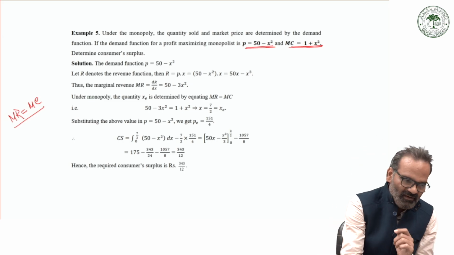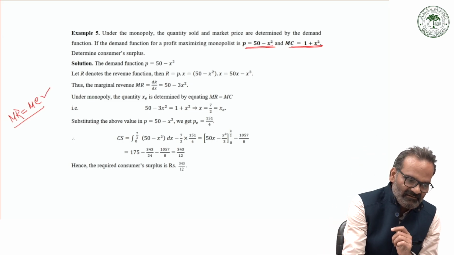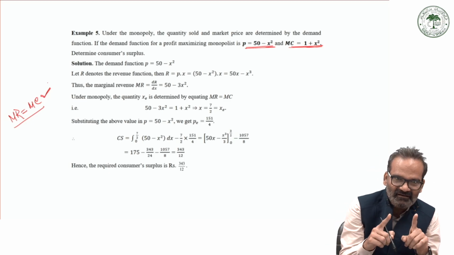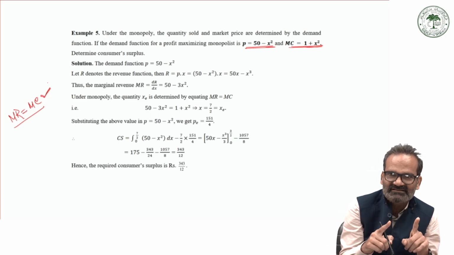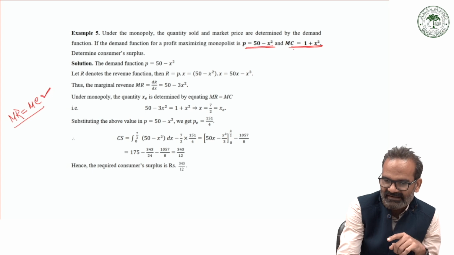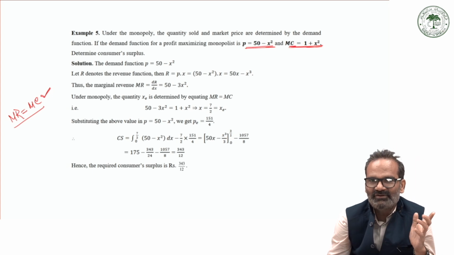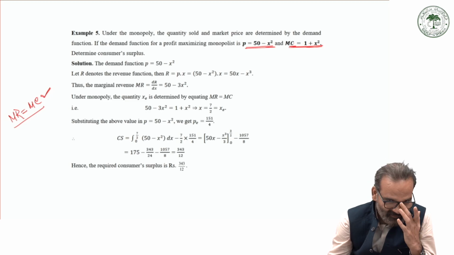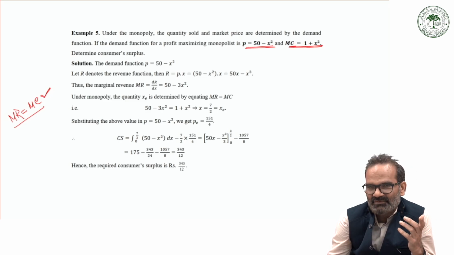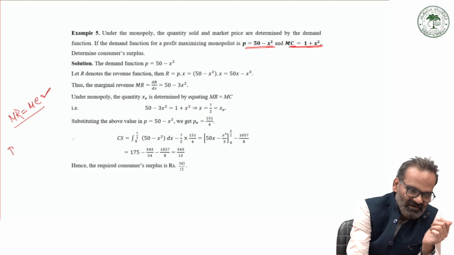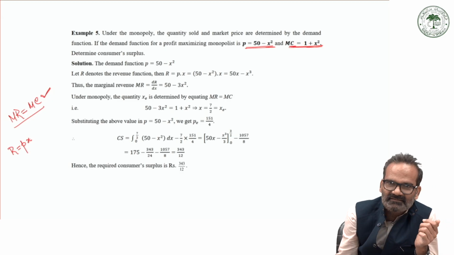And we know the monopolic condition for maximizing the profit is the marginal revenue should be equals to marginal cost. The marginal cost is given to us, but we don't have the marginal revenue. To determine the marginal revenue, first we will determine the revenue function R, that is given by P into X, right?